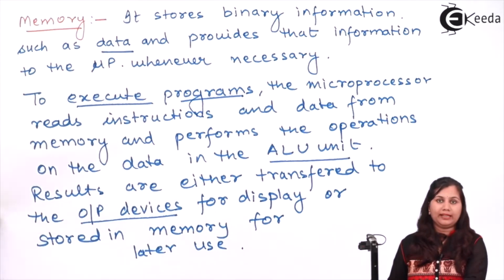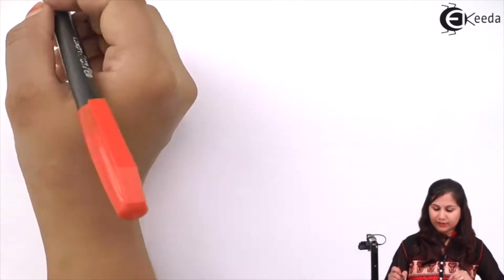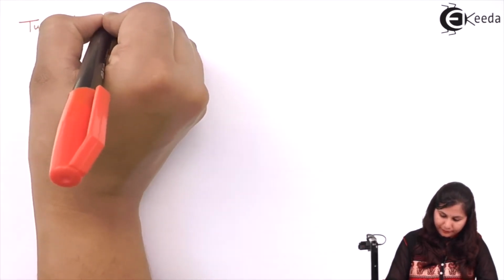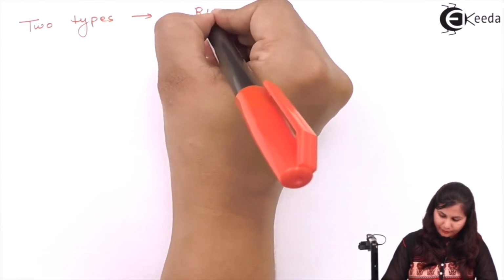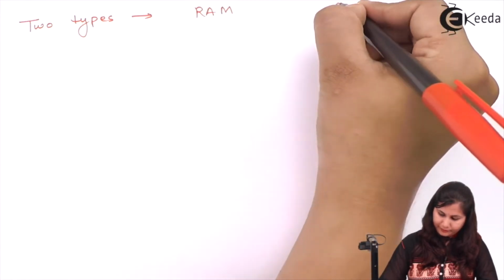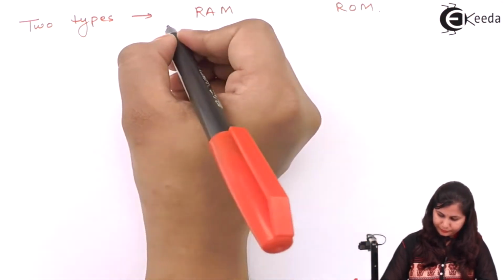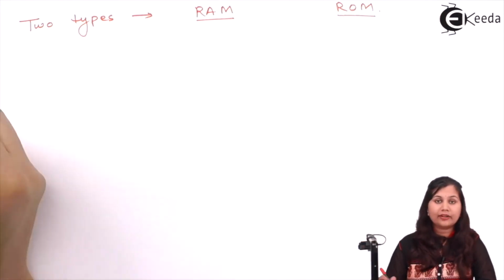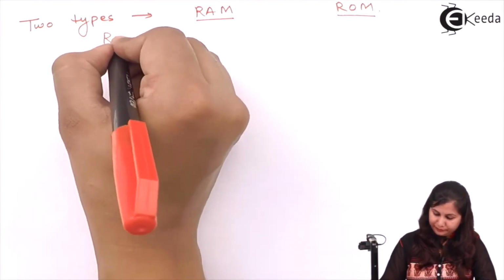Now this memory is of two types, RAM and ROM. Just like in computers, we have two types, RAM and ROM. This is random access memory and this is read-only memory.